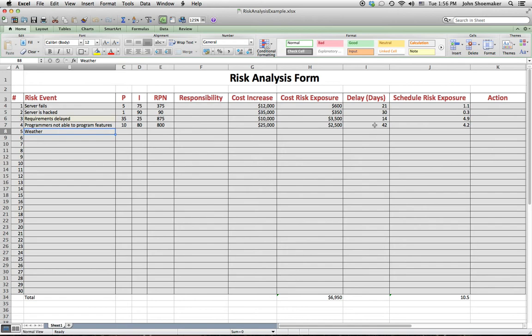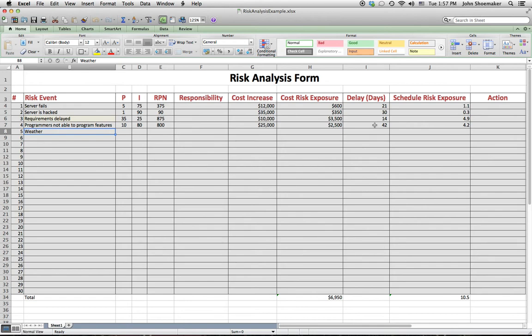Okay, so that if the server fails, we're only down for a very, very short period of time and then we're back up and running again. So the amount of damage that's done will be very, very minimal. And instead of an impact of 75, maybe we'll have an impact of 4 or 5. Now, if we can get a backup server for less than $12,000, then that sounds like a good alternative.